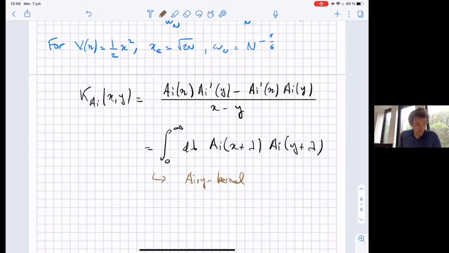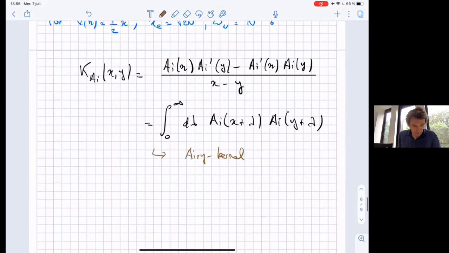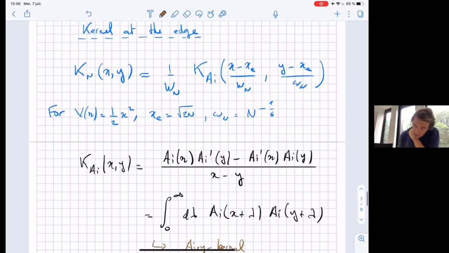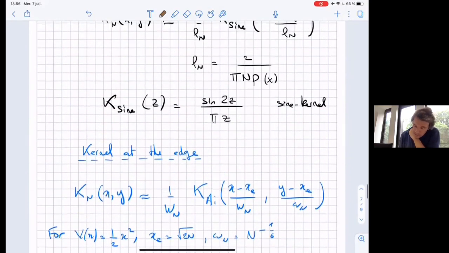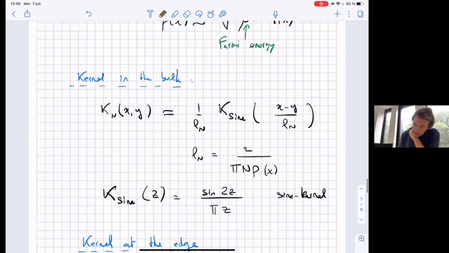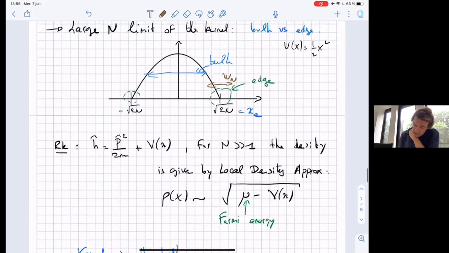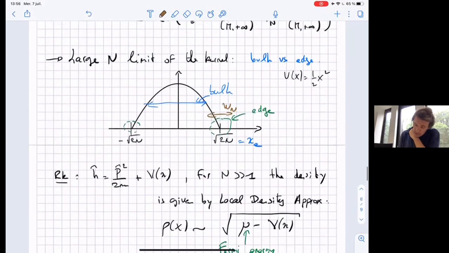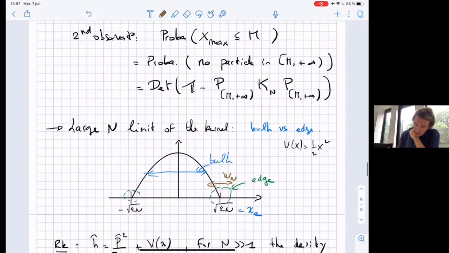Okay. So why is it interesting? Essentially, with that, you can compute many things that you want, and I guess I will finish with that. In particular, you could now compute this probability distribution here for x max.